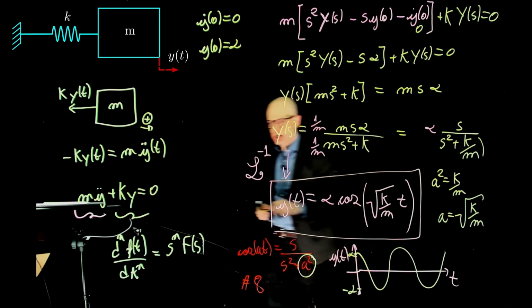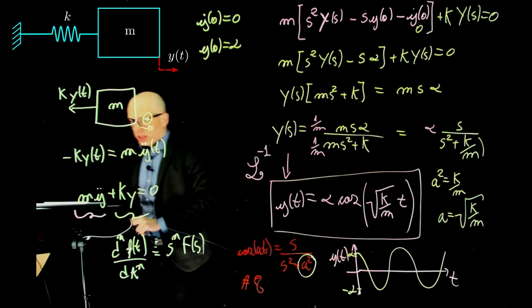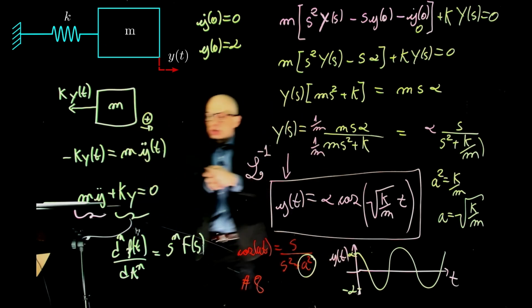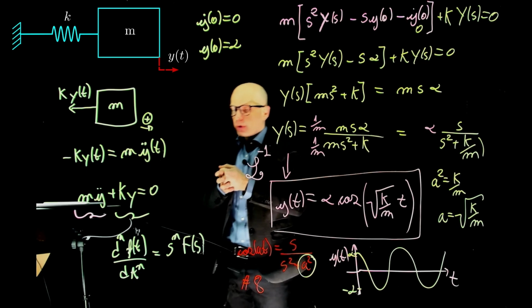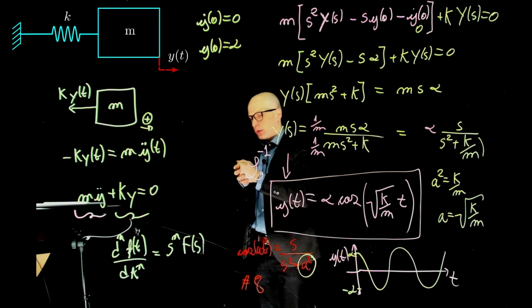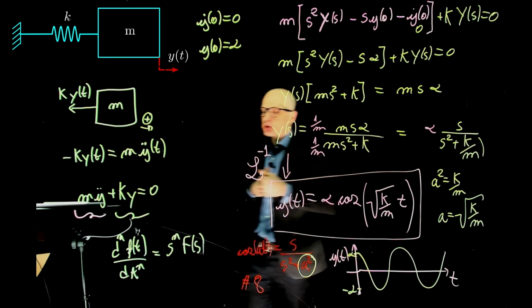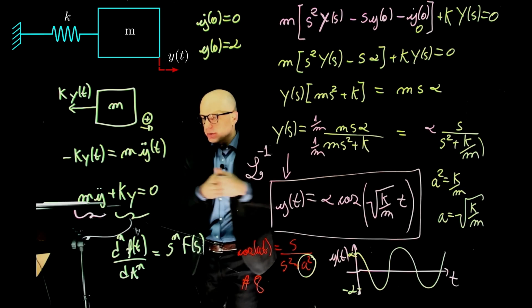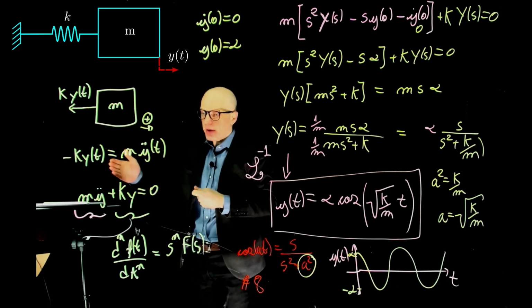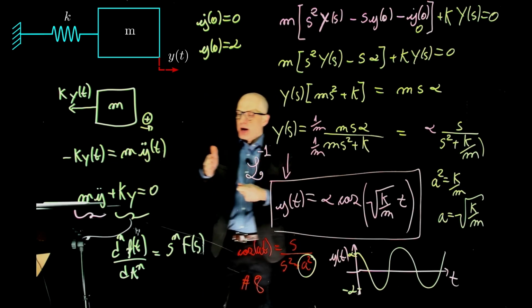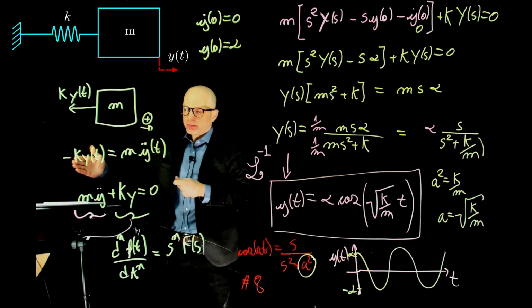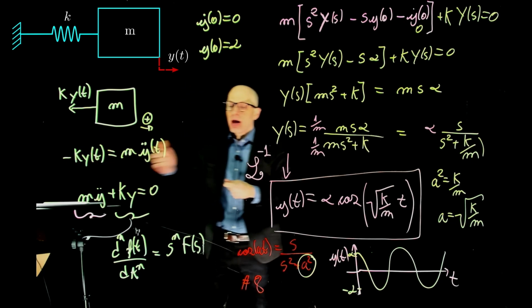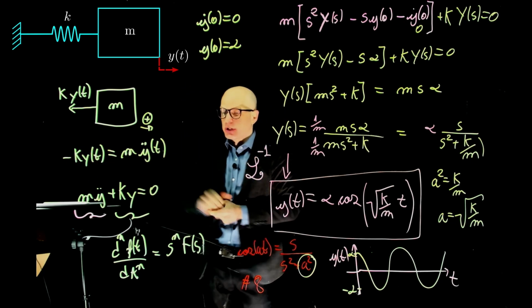Does this make sense? Well, let's look at our system. We stretch the spring, we create a potential energy in the spring, and then you let it go. The energy is transferred to kinetic energy because the mass now goes back. As the mass goes back, it will again stretch the spring, potential energy again, and then back to kinetic energy. There is no friction.